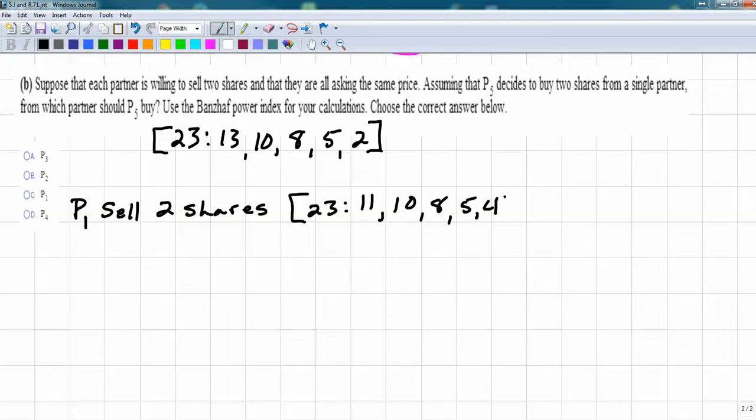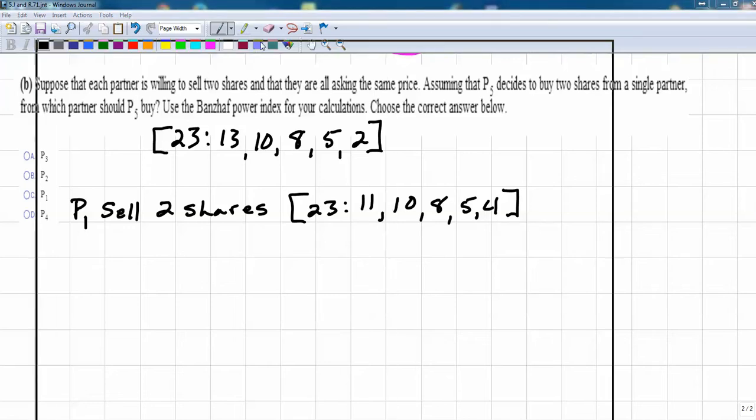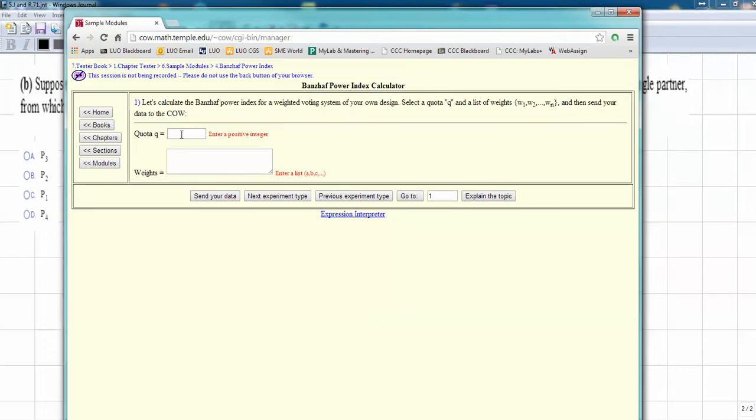So let's go ahead and look at the calculator. We type in the quota of 23. We're going to tab down. We're going to type in 11, 10, 8, 5, 4. Then we'll left click send your data. And once again, this is what I'm interested in, is this little table here.